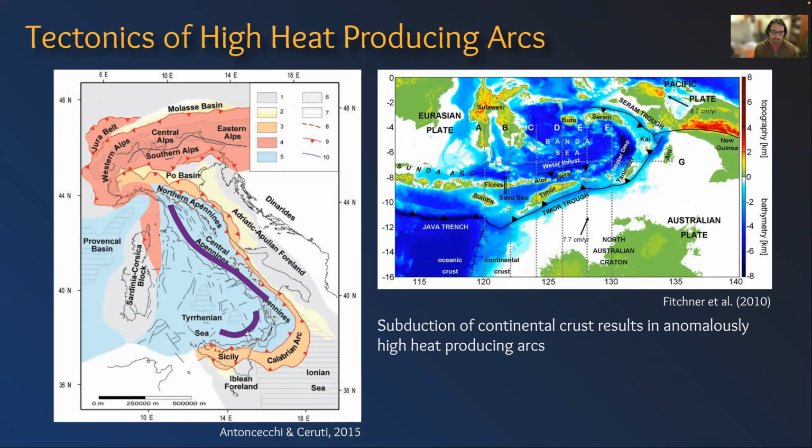In the Tyrrhenian Sea here, the Aeolian arc is subducting parts of the Italian continent, and some of the sediments that sit outboard of Italy, many of which are very thick, nearly continental type sediments. So we're really subducting sediment or continent in each of these cases, which is what gives rise to this high heat production.